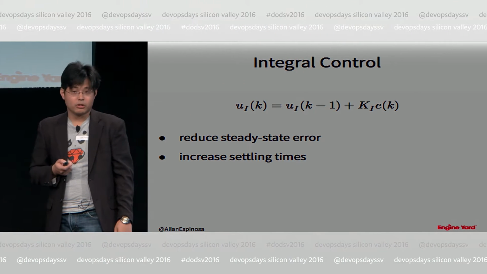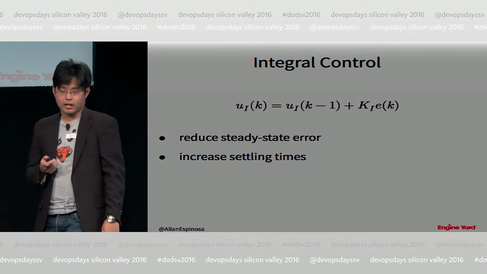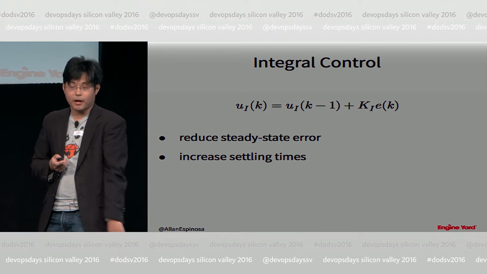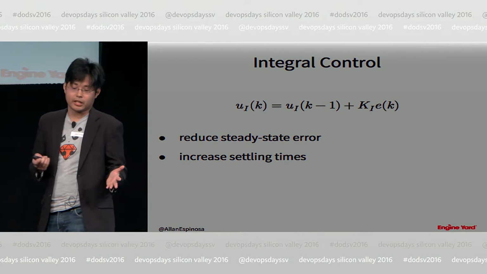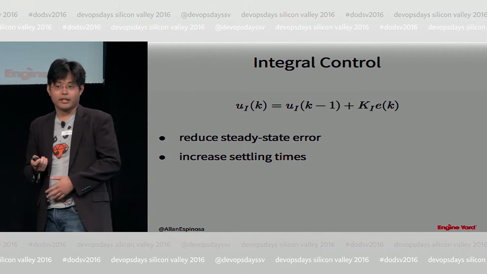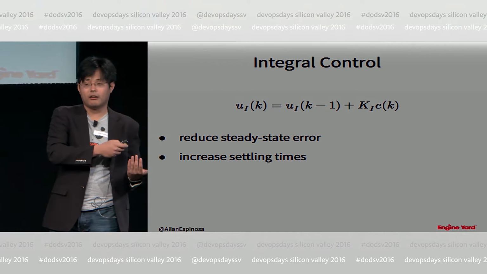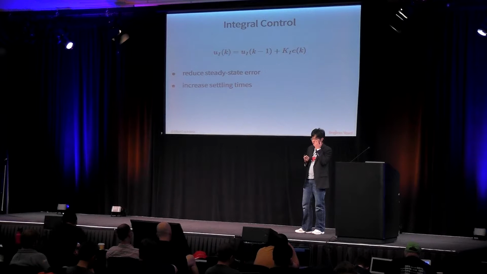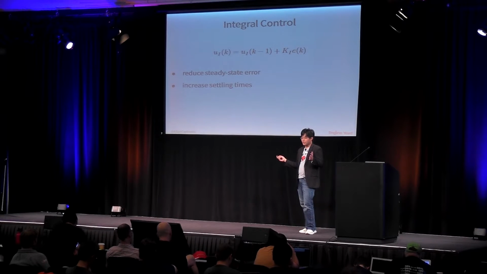So what you can try is to average out your measured values using an integral controller, where you depend on the previous value you set, or the number of instances times the error. Here you improve the accuracy. However, since you're averaging over time, you're increasing the settling time of your controller. So your autoscaler responds very slowly.